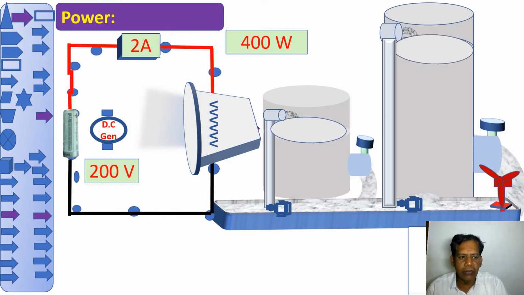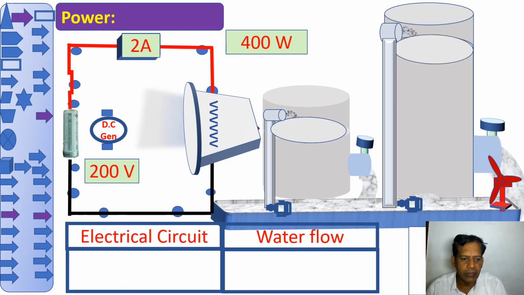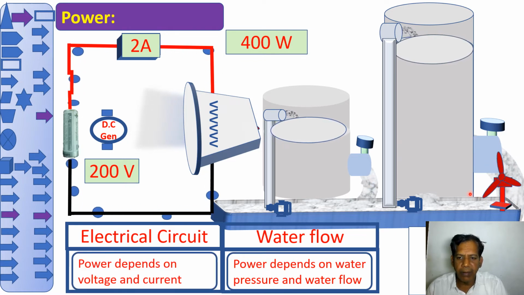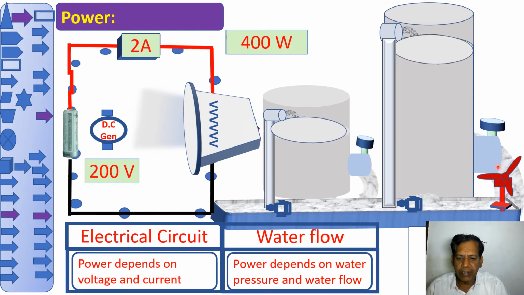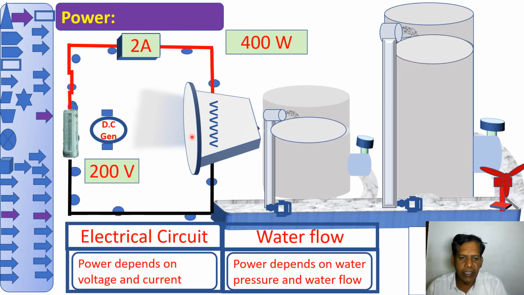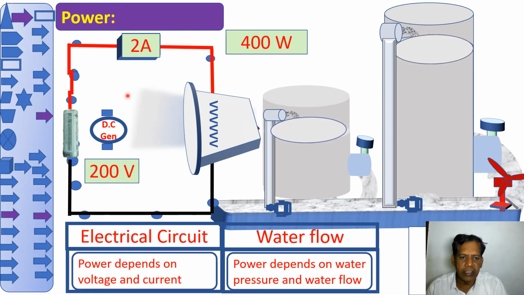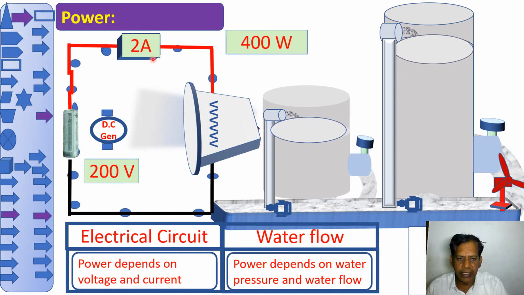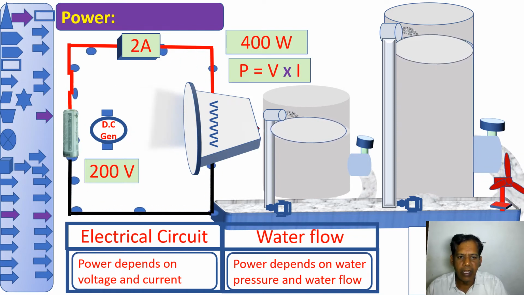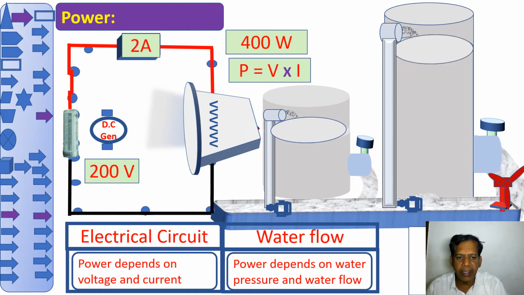Now let us conclude. The power of the fan depends upon the water pressure and the water flow. Similarly, the lamp power depends upon this voltage and the current flow through it. And the power developed equals this voltage multiplied by this current.